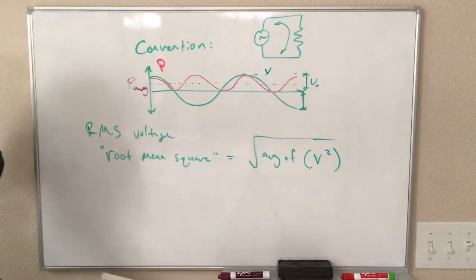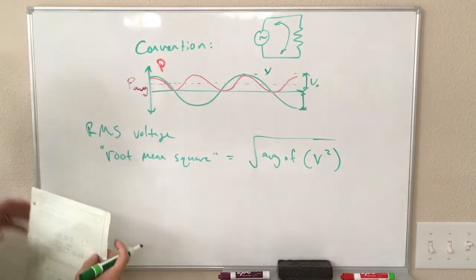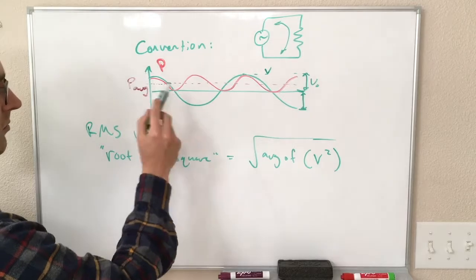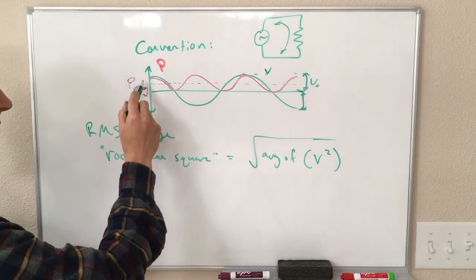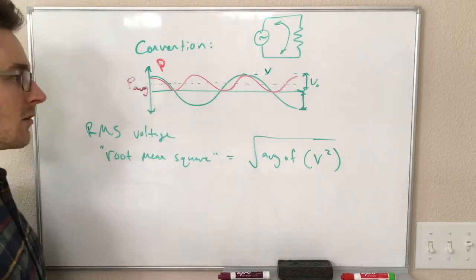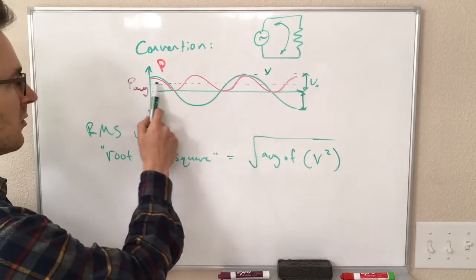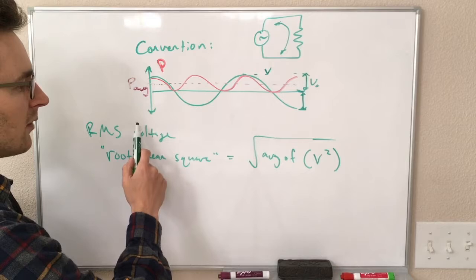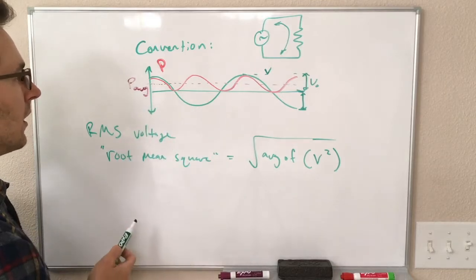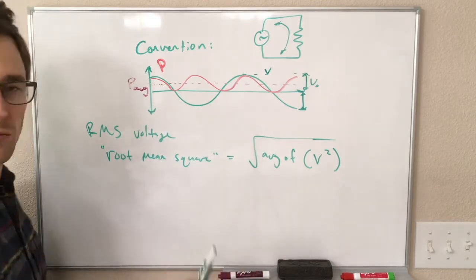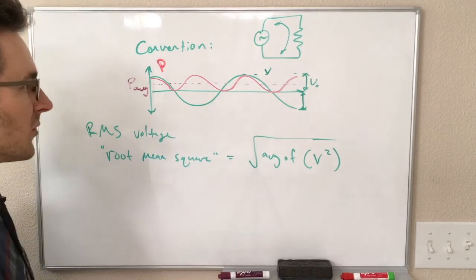So in this case, squaring our voltage, squaring this green graph gives us a graph that looks like the red graph. The units are not going to be power if it's just V squared, but it'll look something like that. We take the average, which gives us this purple line, and then we take the square root of that, which gives us some number of volts, right? This still gives us units of volts.